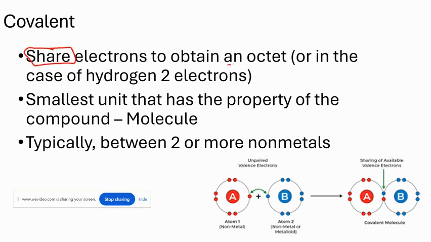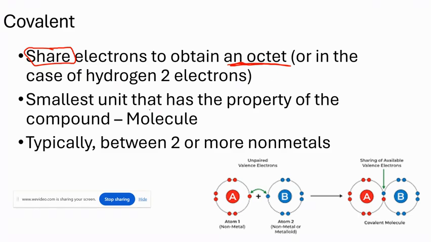If we look more closely at covalent bonding, a covalent bond is going to share electrons. It's going to make what's called an octet. That's why as we moved across the periodic table, we counted 1, 2, 3, 4, 5, 6, 7, 8. When it has an octet, when it has 8 electrons in its outer shell, then the atom or molecule is going to be stable.